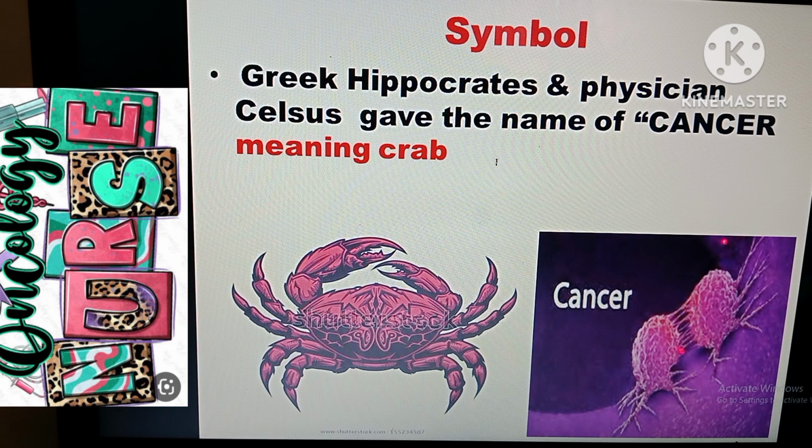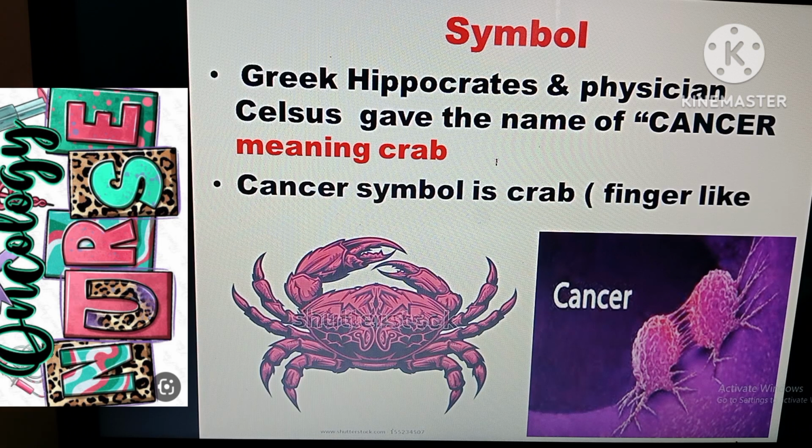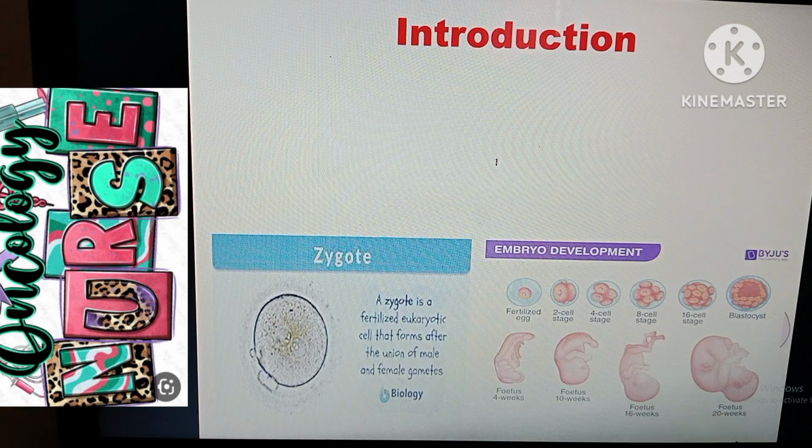Through that finger-like projection, it attacks the neighboring structures. One by one, it will attack and destroy. Cancer symbol is a crab, finger-like projection.